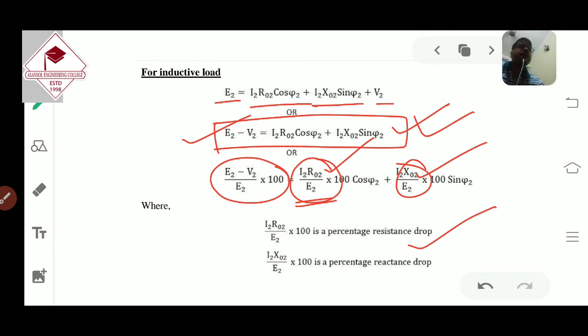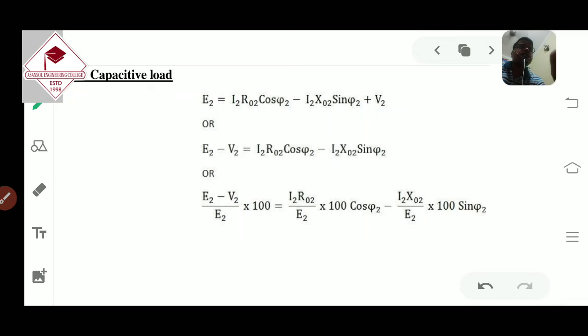Now let us see for capacitive load what will happen. For capacitive load, if you derive the same thing, you will find there is a minus sign in between. That means E2 minus V2 will become I2 X02 cos phi 2 minus I2 X02 sin phi 2. In case of inductive load it was plus, but for capacitive load it will be a minus sign.